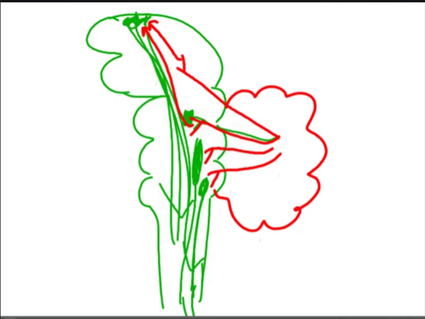So in this respect, if you notice, there are no red fibers coming directly. The cerebellum has no direct neuronal connection with the lower motor neurons, but it influences the lower motor neurons indirectly through the cerebral cortex and through the various nuclei in the brainstem. So that is important for you to know.